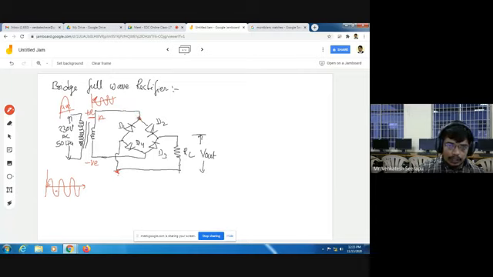So at this point the polarity becomes positive, and at this point the polarity becomes negative. This is the case when I am applying a positive half cycle as input. Now which diodes are in on condition?